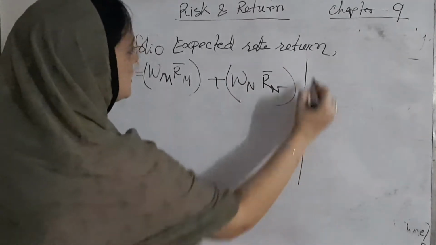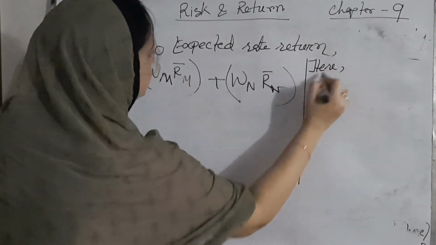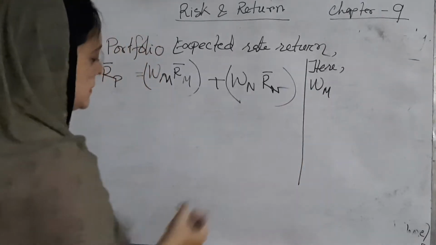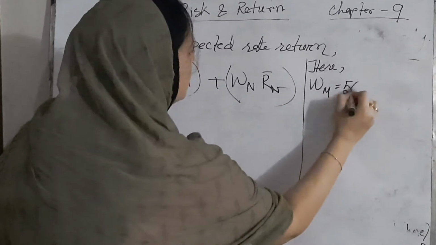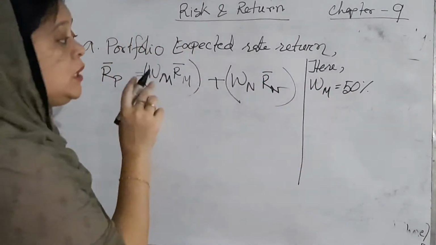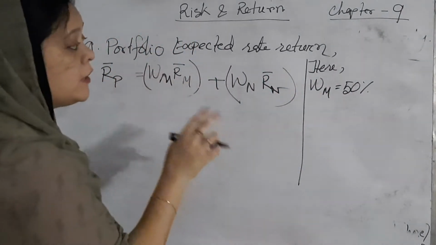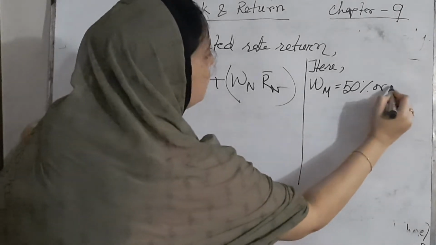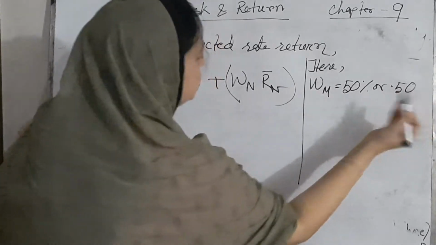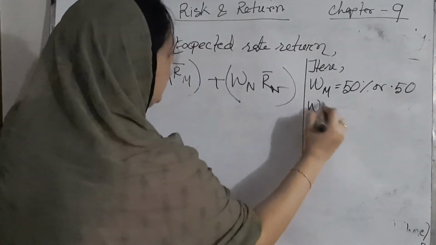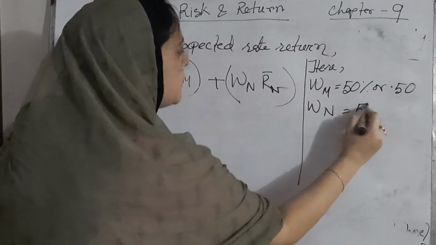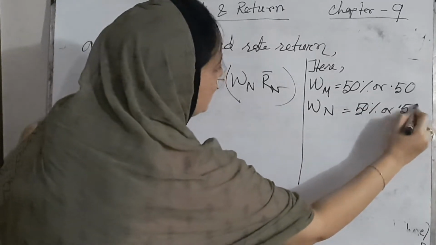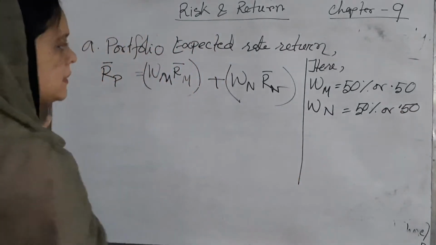Here the information is: W M is 50%, because from that line Mrs. Borsha invested equally in both projects, or 0.50. W N is also 50%, equally, that I already told you, 0.50 means 50%.